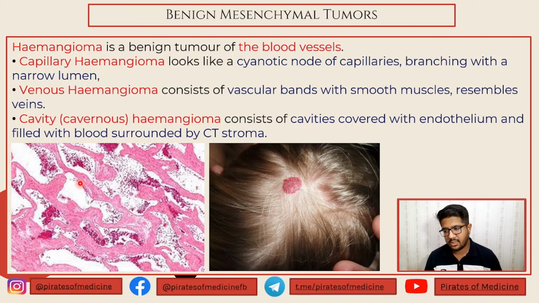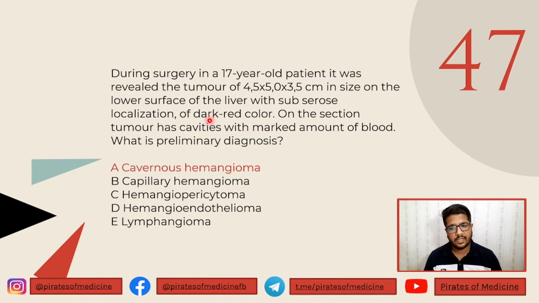In the histological slide, you can see these cavities which have blood, and this is cavernous hemangioma. And you can see it superficially in the patient: dark red color, cavities, cavernous hemangioma.